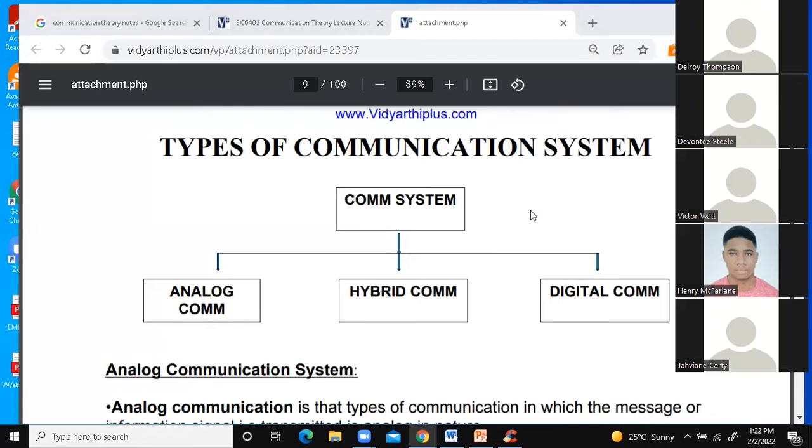And hybrid communication uses both, just like what Steve said before.